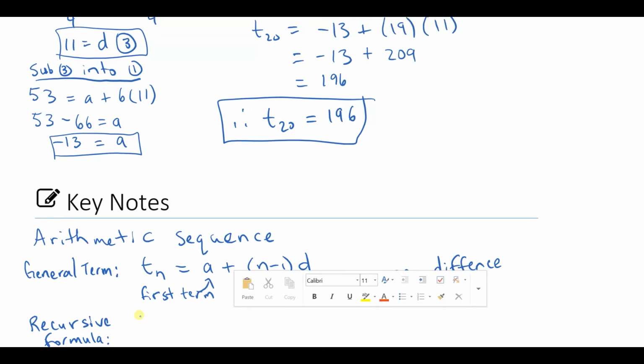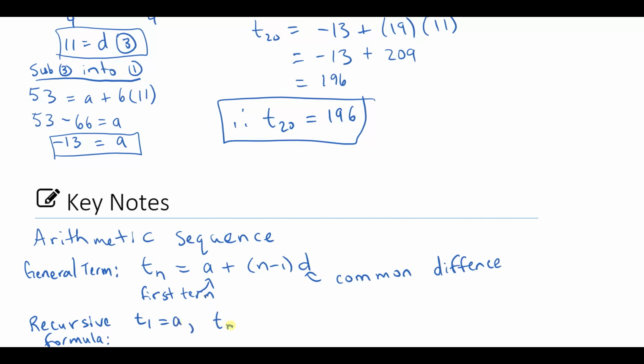The first term is equal to A, we always write that, and then we can find all the terms after that by taking the previous term and adding the common difference. Oops, I misspelled difference up there. Difference. And that's the basic concept behind arithmetic sequences.